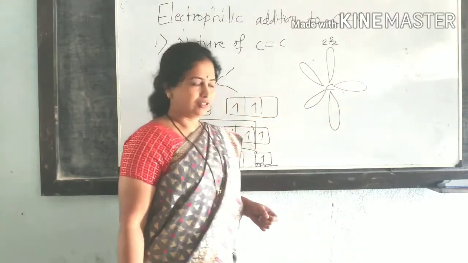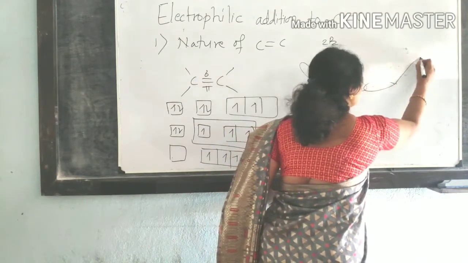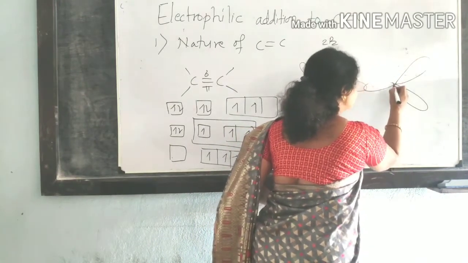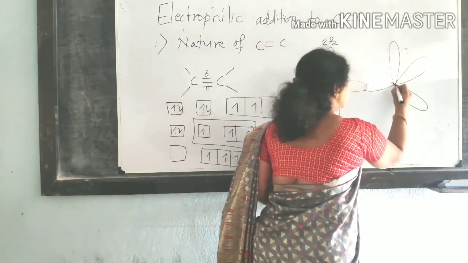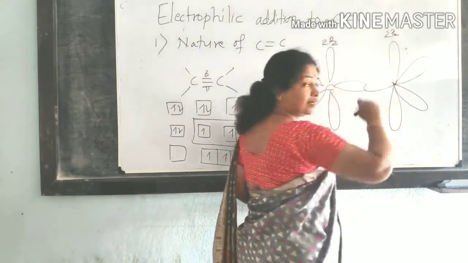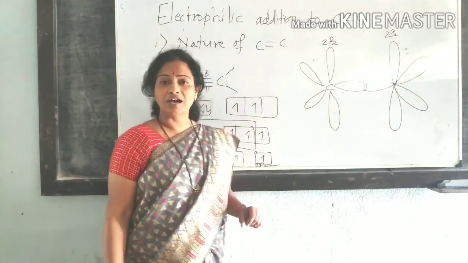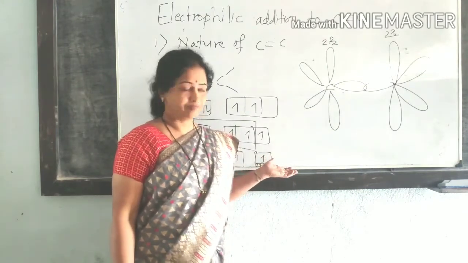Then there is one more carbon atom which has three sp2 hybrid orbitals like this, and this is the 2pz orbital of the second carbon which is in unhybridized form. Now about its overlapping.